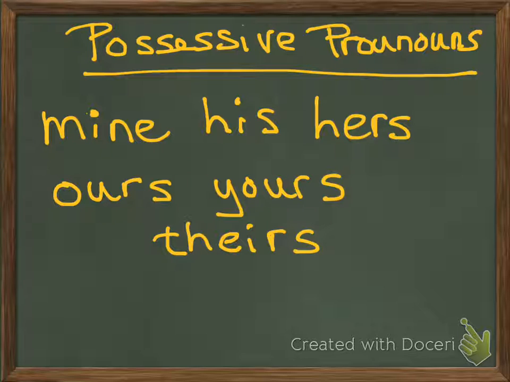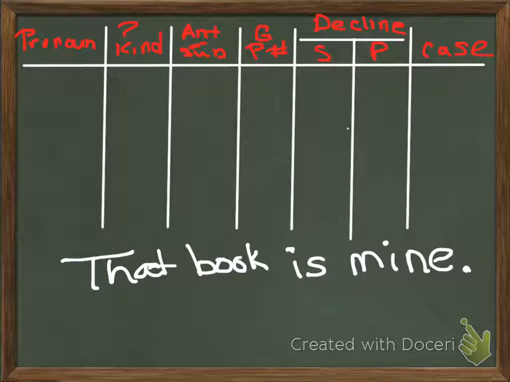Possessive pronouns, just a reminder: mine, his, hers, ours, yours, theirs. Singular and plural. And remember, possessive shows ownership. So, that book is mine. Whose is mine? The book. Subject, noun.